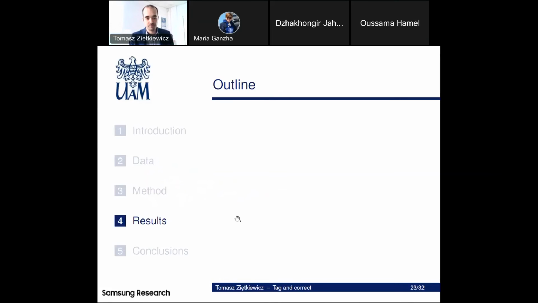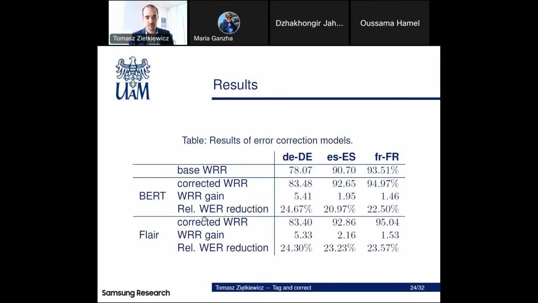And now I would like to present results for these two taggers for different languages. So how do we read these results? First, we have word recognition rate for ASR alone, so the base result we're starting from. And then we have word recognition rate after applying the correction model. Of course, these are results on a test set.